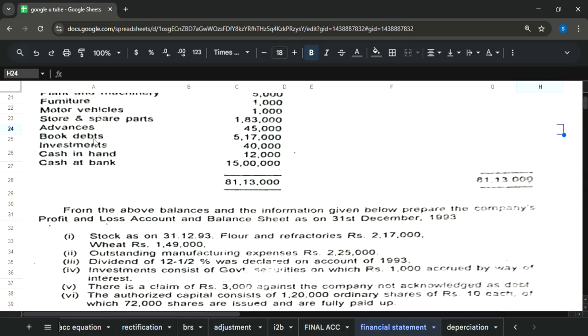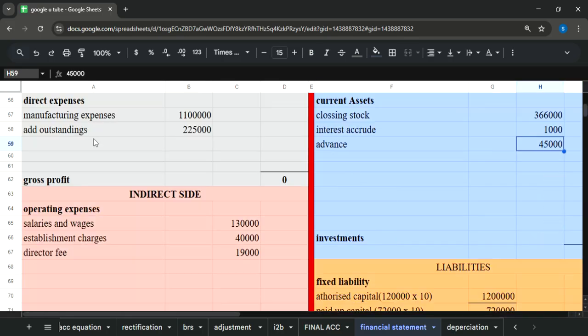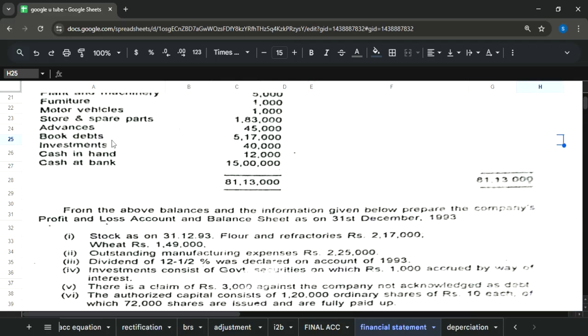Then we have book debts. Book debt means sundry debtors. Same place, current asset, and we will mention amount of book debts, that is 517,000.